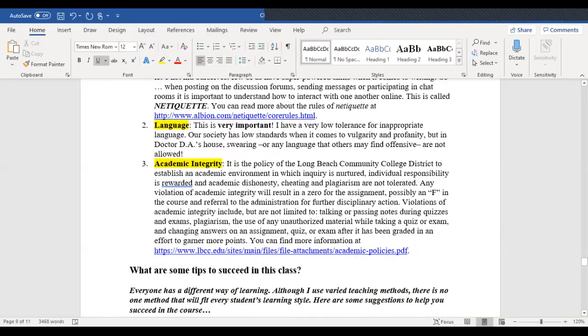The other one is academic integrity. I realize that when you are doing your work online, I'm not there to watch it. I'm not there to watch you take your quizzes. I assume that you have your open book. I mean, I would. When you are doing your lab reports, again, I'm not monitoring if you're looking for answers somewhere else. That's really up to you. That's really on you.